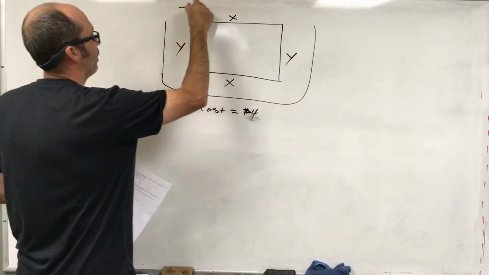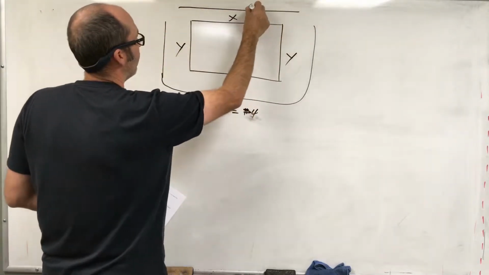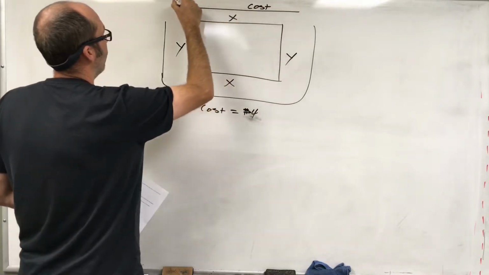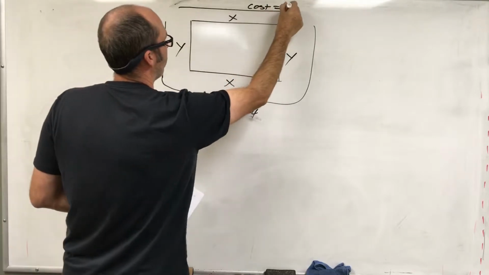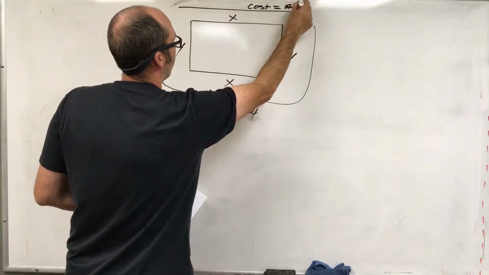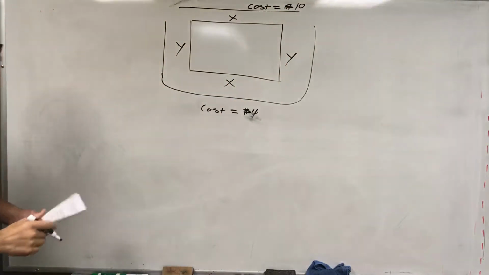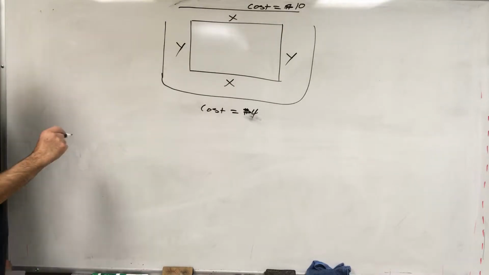And the cost along the top, the part next to the road, is $10.